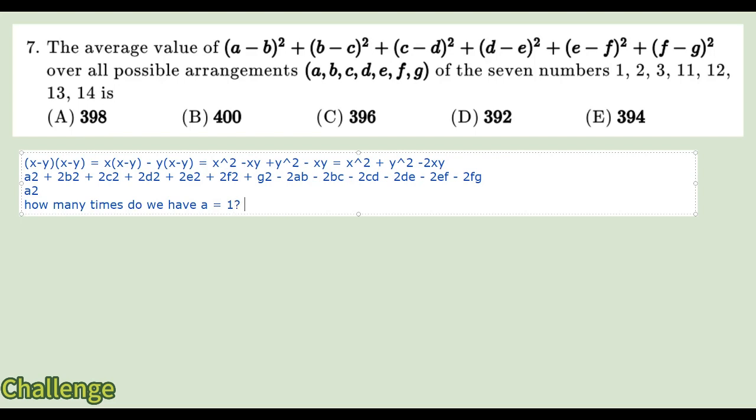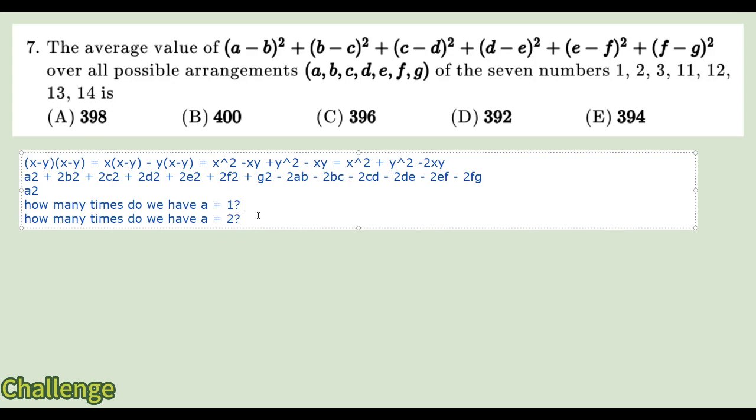The amount of times that we have a equal to 1 is the amount of permutations of b, c, d, e, f, g, which means how can we assign the values 2, 3, 11, 12, 13, 14 differently to b, c, d, e, f, g? Then we ask the next question: how many times do we have a equal to 2, and etc. But we find out in the end that these two values are the same.